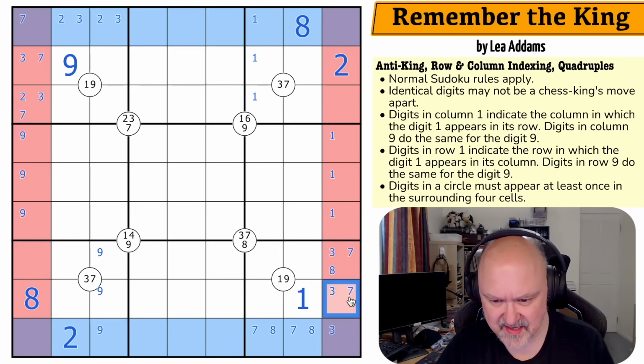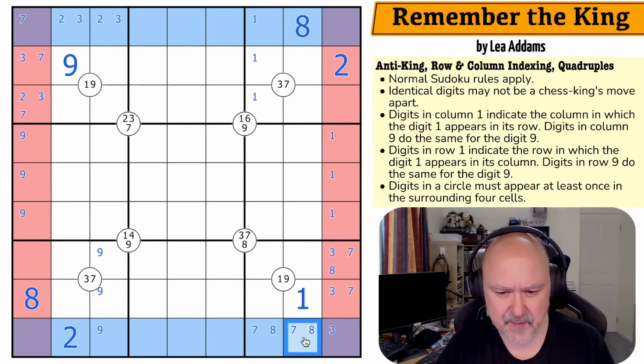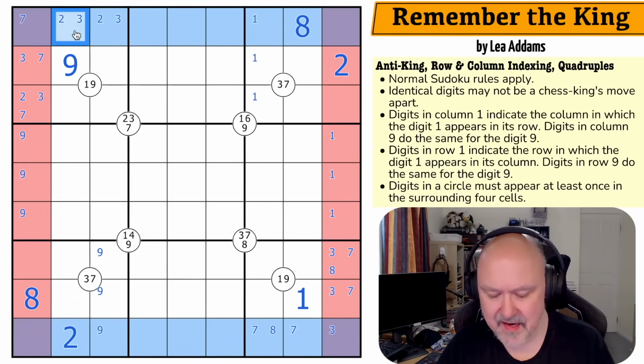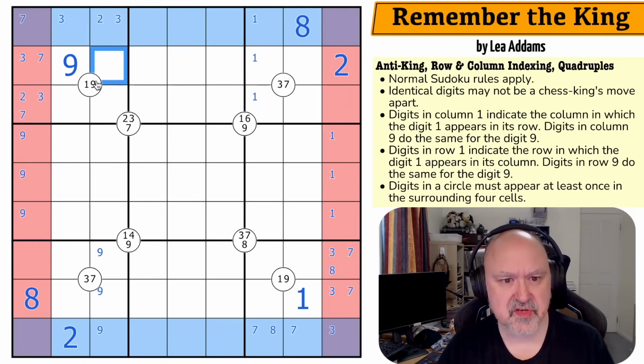This isn't an 8 because I can't put a 9 there. But I could put 9 in any of those, allowing that to be an 8. That can't be an 8 because if that was an 8, that would be a 9. Similarly, that can't be a 2. So 2 is in one of those two. So 1 is in one of those two.